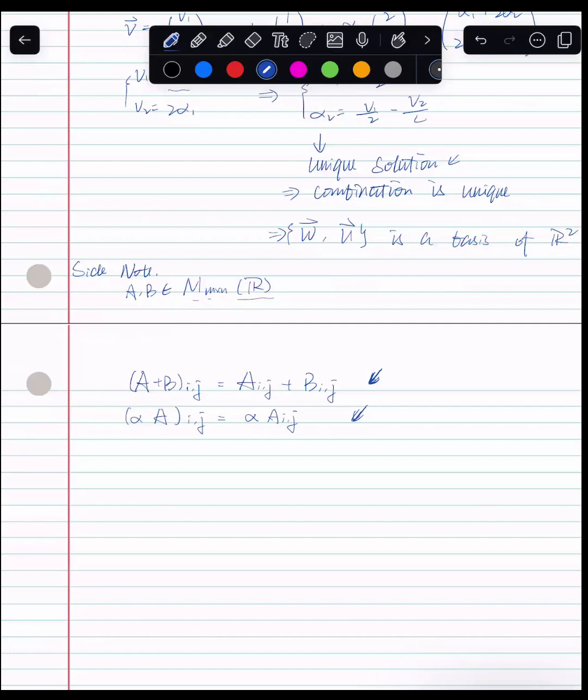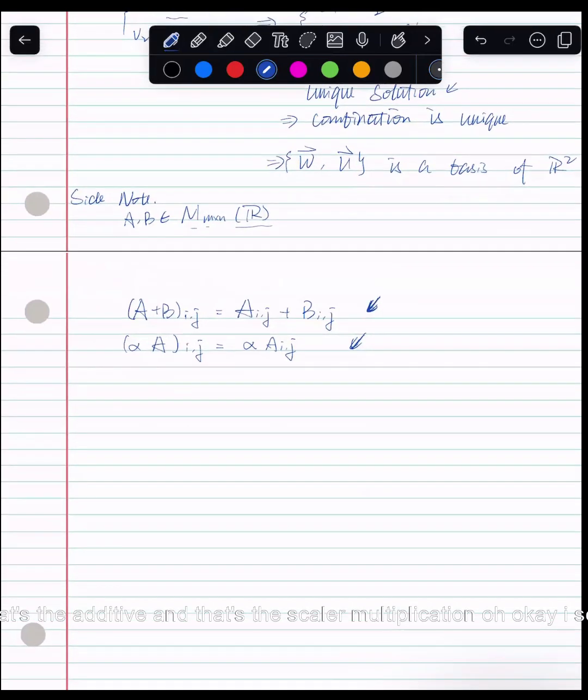So we can say that an m by n matrix with all entries in R is actually a vector space with these two operations, because of the addition and the scalar multiplication.